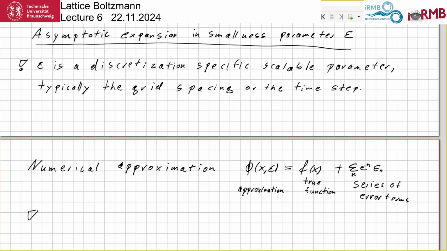The method that you are using is said to be consistent if the following holds: in the limit of epsilon going to 0, the replacement function phi of x and epsilon goes to f of x. So it converges for the smallness parameter going to 0, and then it's consistent.